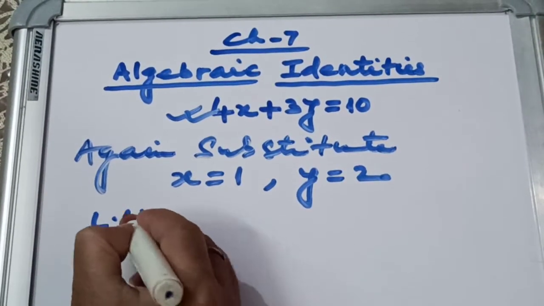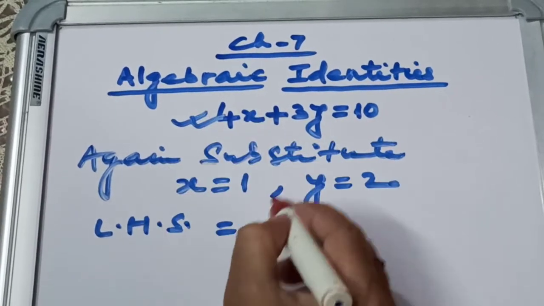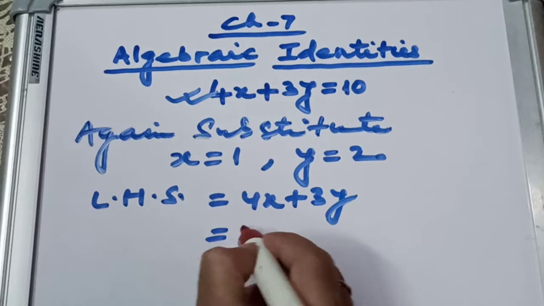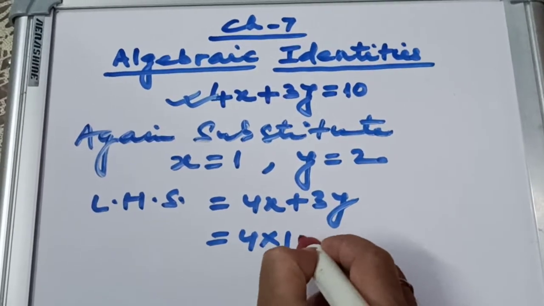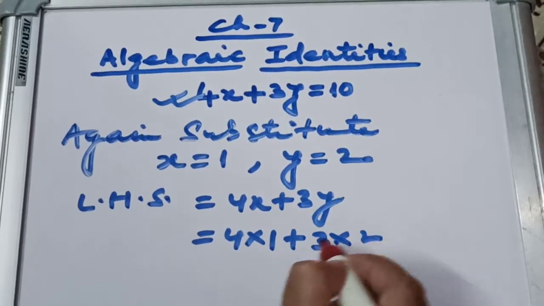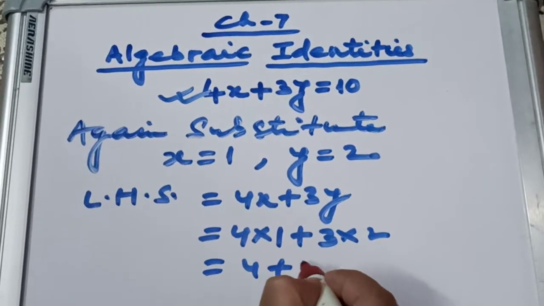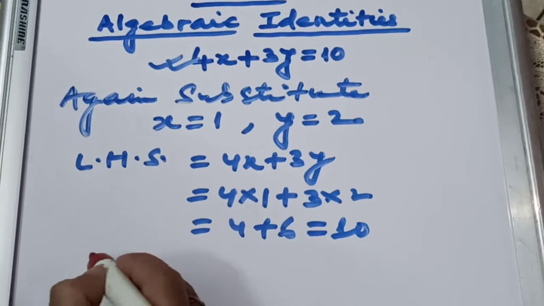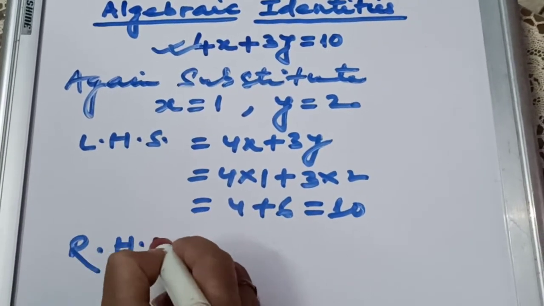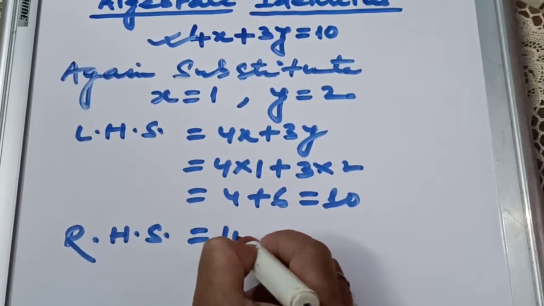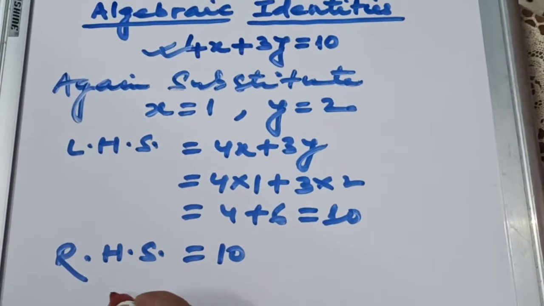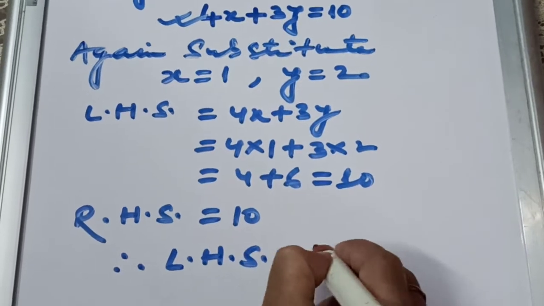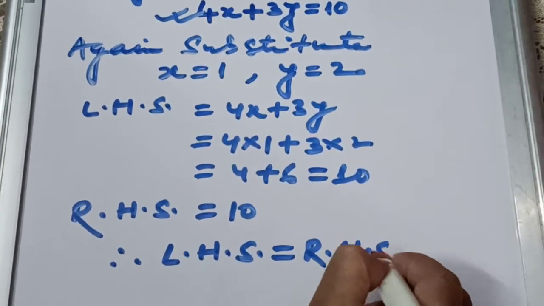We get LHS is equal to 4x plus 3y, 4 into 1 plus 3 into 2, 4 plus 6, it means 10. RHS is also equal to 10. In this case, we see LHS is equal to RHS.